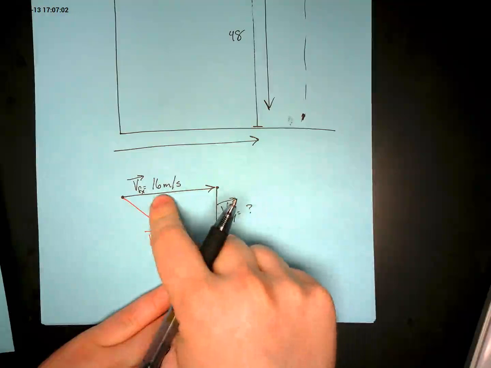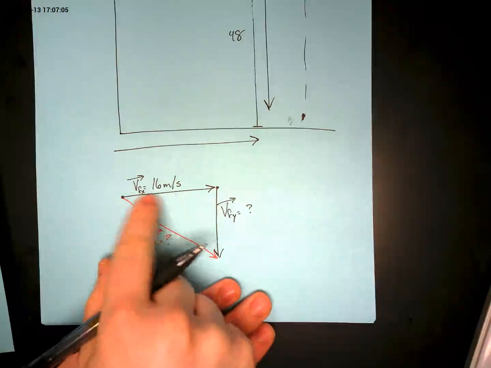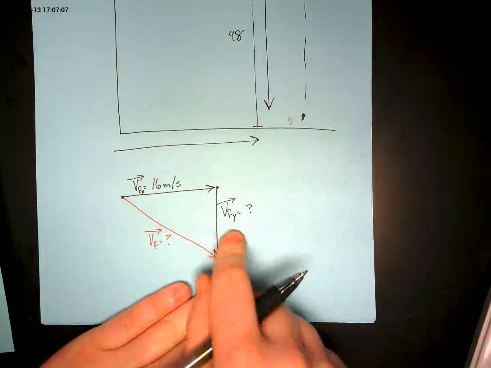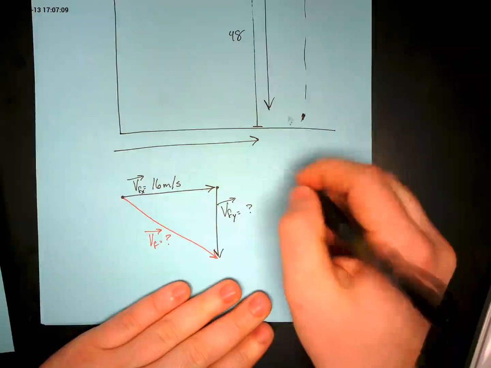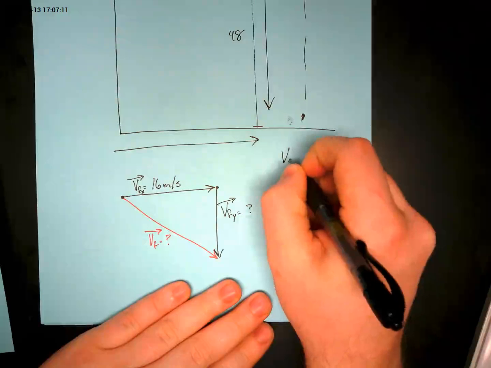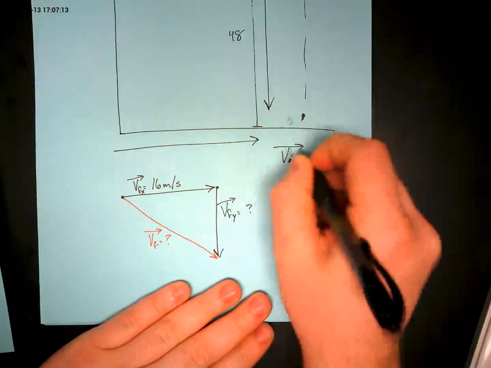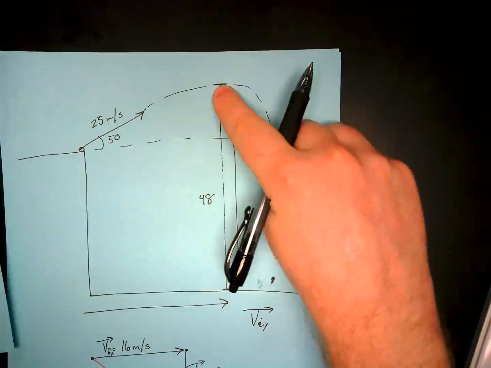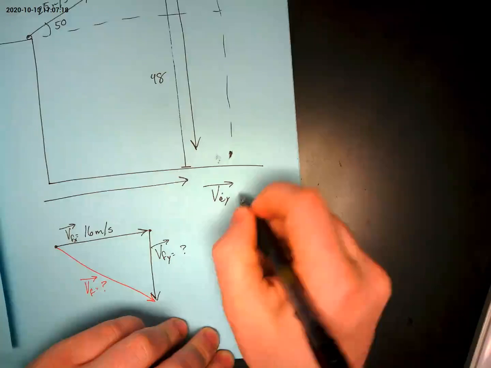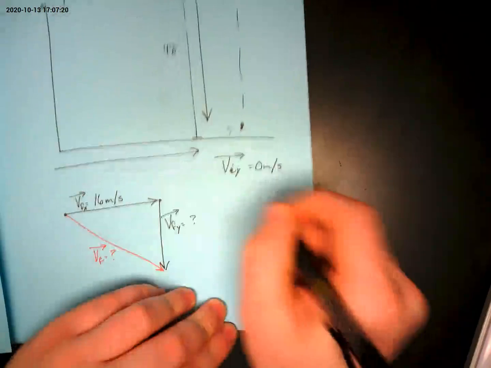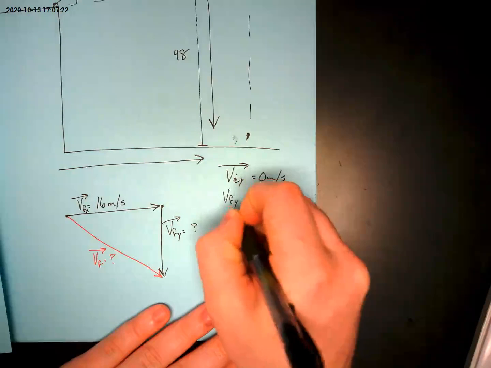So we've got this already, because remember, this doesn't change. Its initial is going to be its final. This one does change. How do we know? Well, we know that its initial y velocity, from here to here, is going to be 0. We are solving for the final.